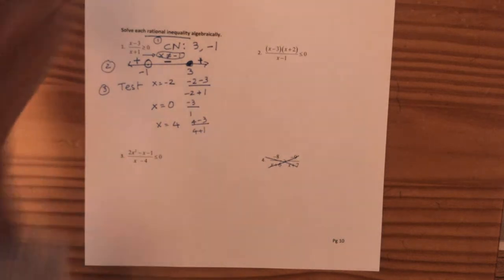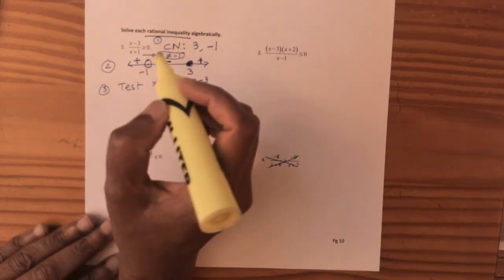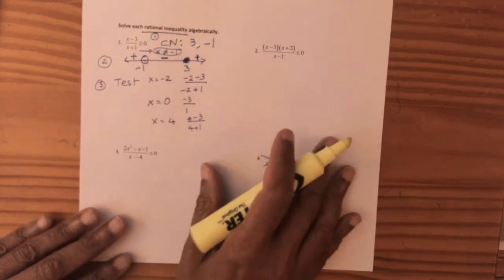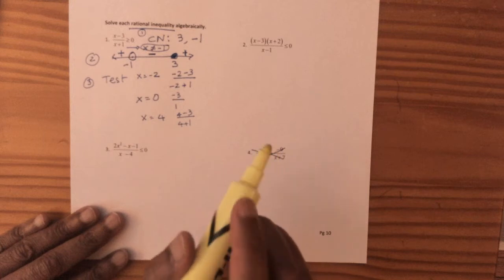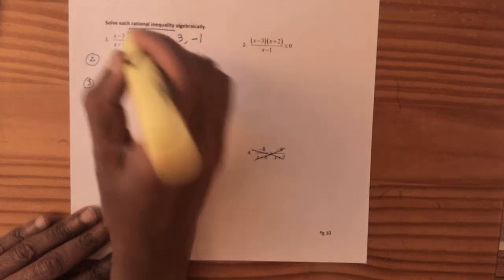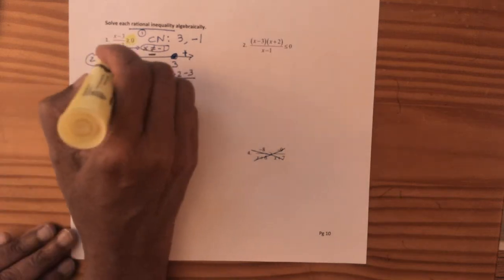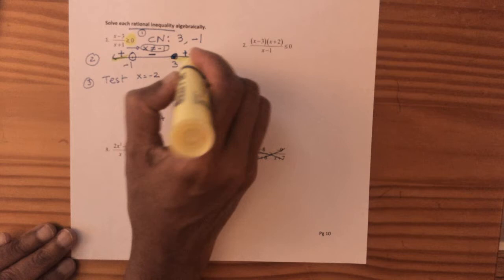Okay, so now I'm going to highlight. Then I'm going to look at what they are asking for. Am I looking for positive values or negative values? You remember from your previous lesson that it is greater than or equal to 0, which means you're looking for positive values. Where are my positive values? Here and here.